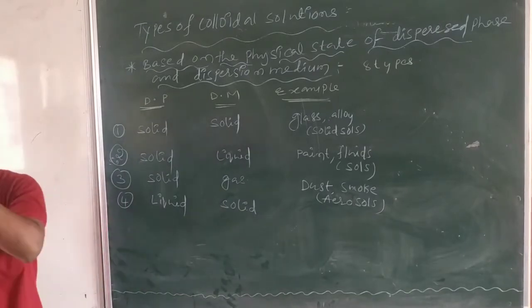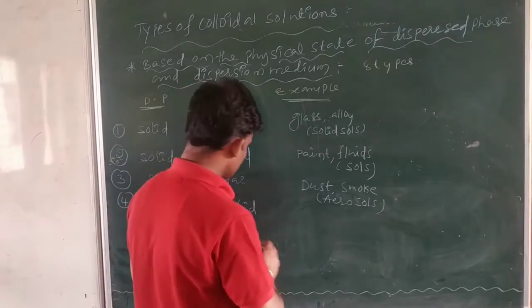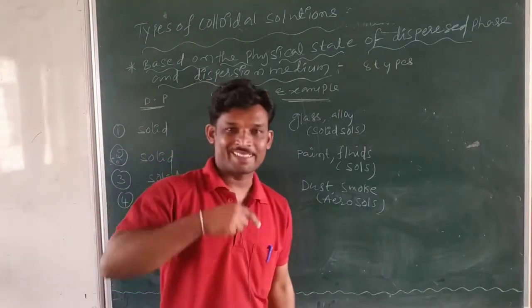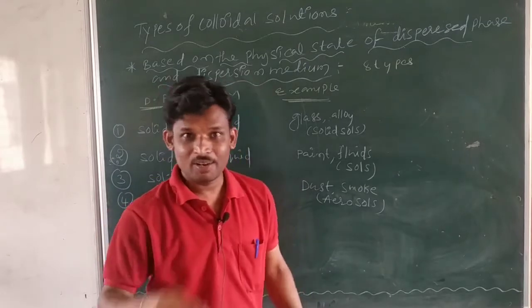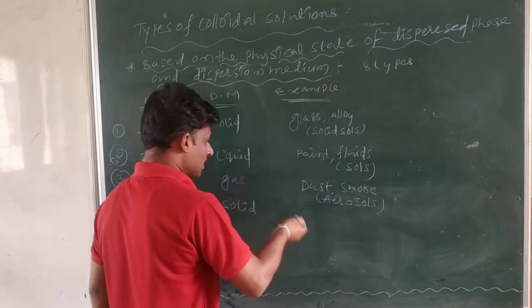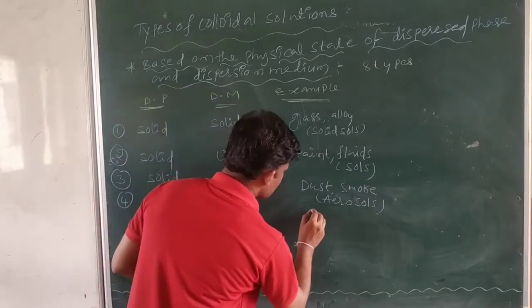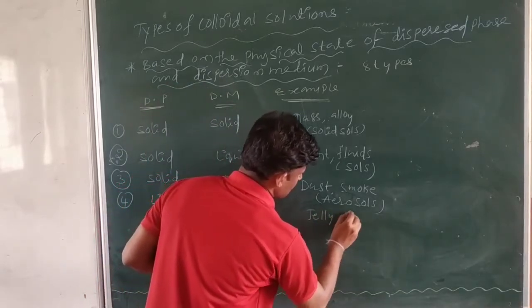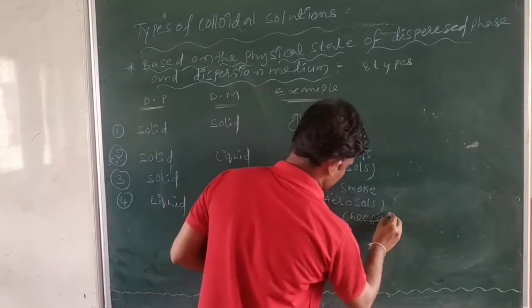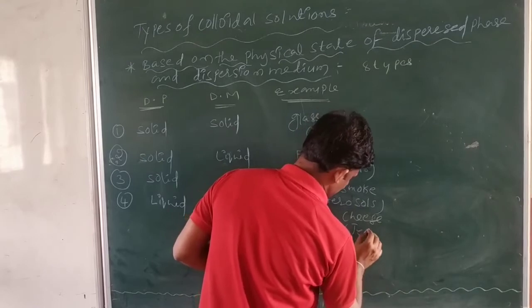Cheese, and in this case gels come. We use Colgate and Close-up gel, jelly, cheese. These are the examples. These are generally called gels.